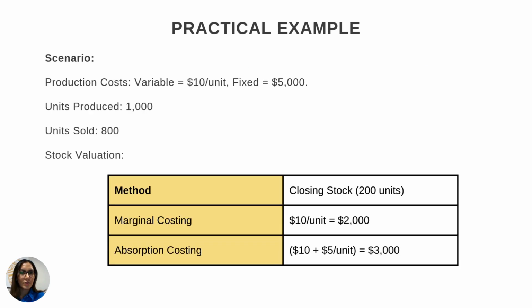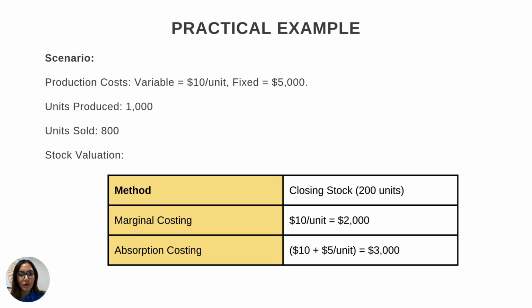Now, let's see another practical example of the marginal and absorption costing. For example, production cost variable $10 per unit, fixed 5,000, units produced 1,000, units sold 800. So we have 200 in our closing stock. For marginal costing, we just take $10 per unit, and it's going to be 2,000.